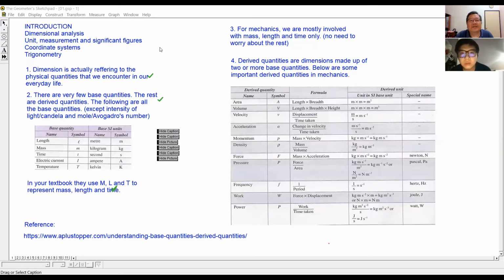So now, these quantities that I've listed here in this table: area, volume, velocity, and so on. They are the usual derived quantities that we encounter in our daily life. Probably when you get involved in sports, right?